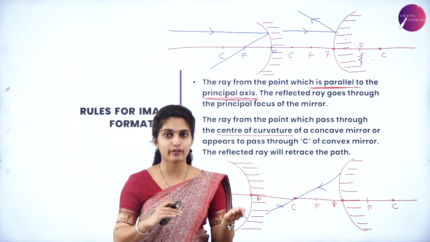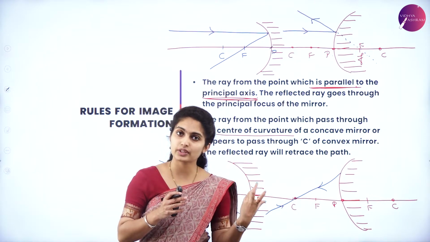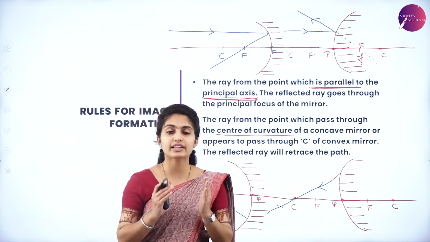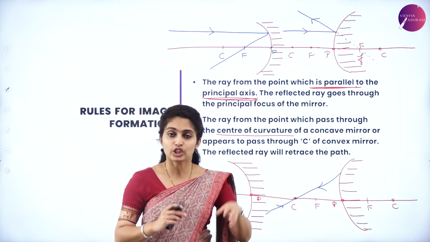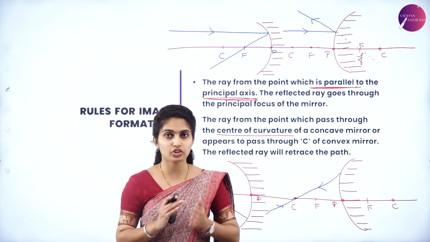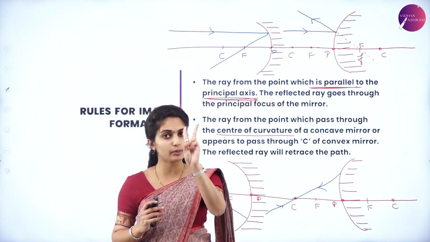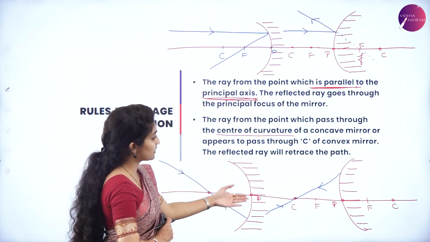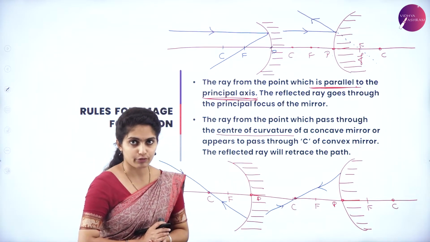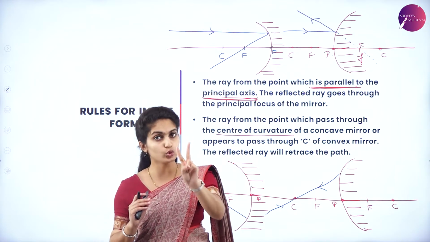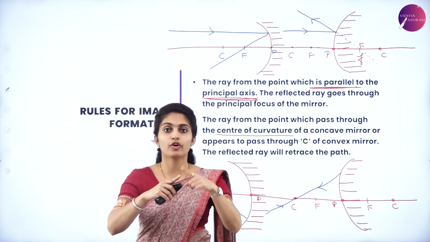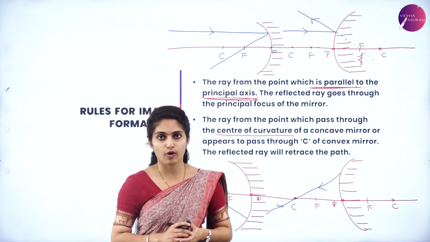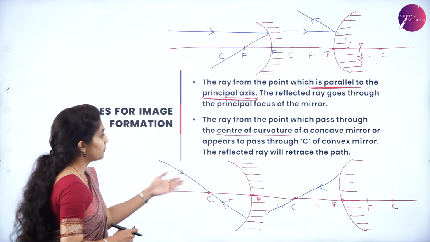Either it is between F and P, or between C and P, or between C and F. It depends on how exactly the image is placed. So, depending upon the position of the image, you will have to attempt a 2-ray diagram. Either this and this, like that you will have to refer. When you have 2 rays, the intersection point of the 2 rays will be where the image is formed. That's all about your second point.